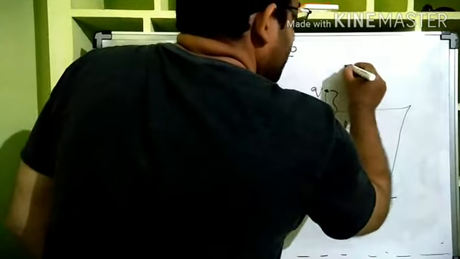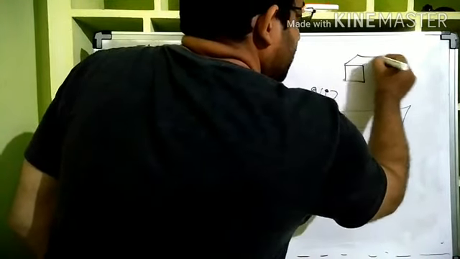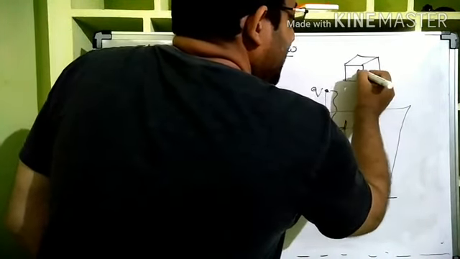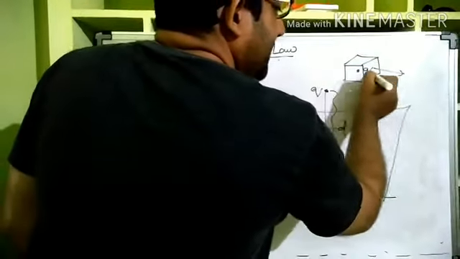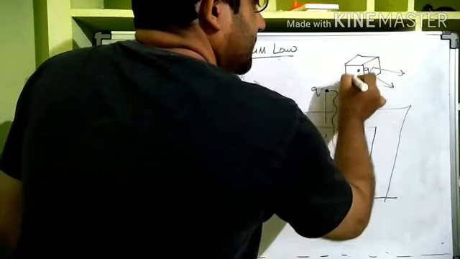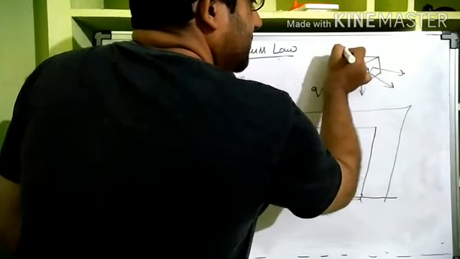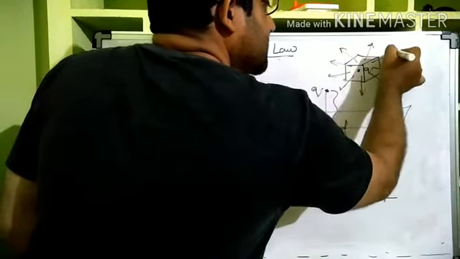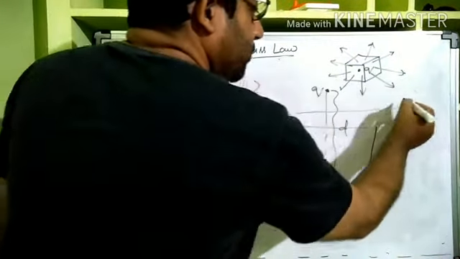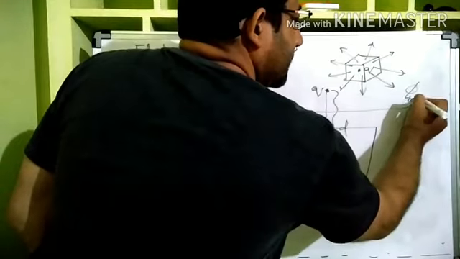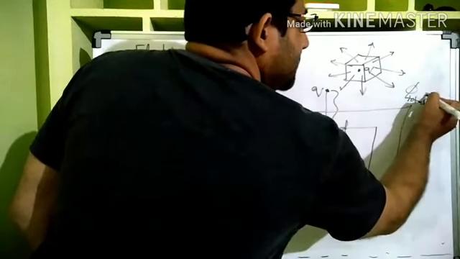Now see, there is a cube here. Inside this, a q amount of charge is present. Now, how many field lines are coming out of it? We don't know. A very huge number of field lines are coming out, which constitutes the flux, right? Now, let us say phi total is equal to some number.